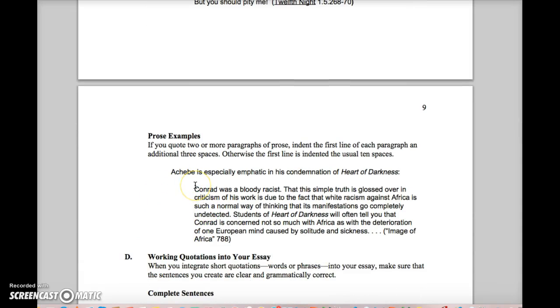If you have a long paragraph that you want to include in your essay, you would write, Achebe is especially emphatic in his condemnation of Heart of Darkness, and then you're quoting Achebe here, so you want to indent the full passage. And because it's all indented, you don't need to include the quotation marks, but at the end you do include the name of the essay, where you got the quotation, and the page number.